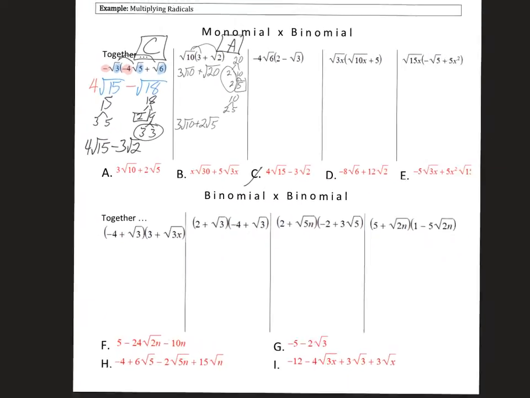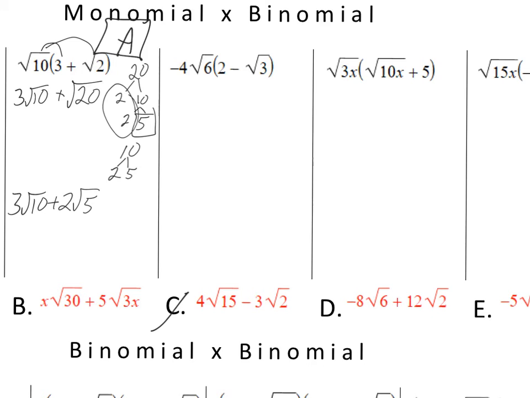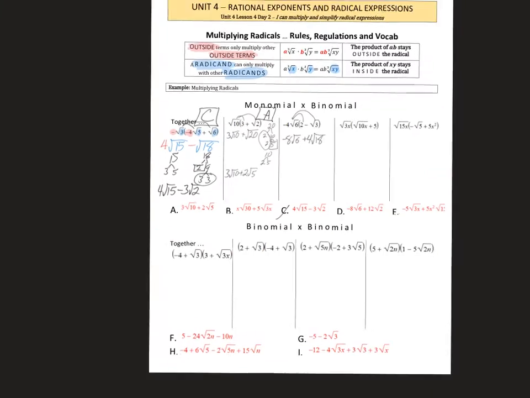Okay, going on to the next one. Take a second, try and figure this one out. Okay, so -4 and the 2 can multiply together, so I have -8 radical 6, because there's nothing to multiply that to. -4 times a -1, that's +4. 6 times 3 is 18. 18, I think we already did that on the first part.